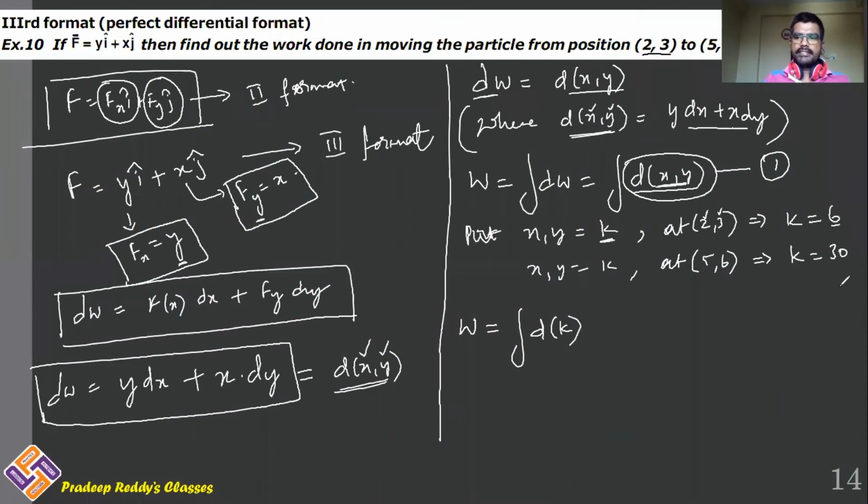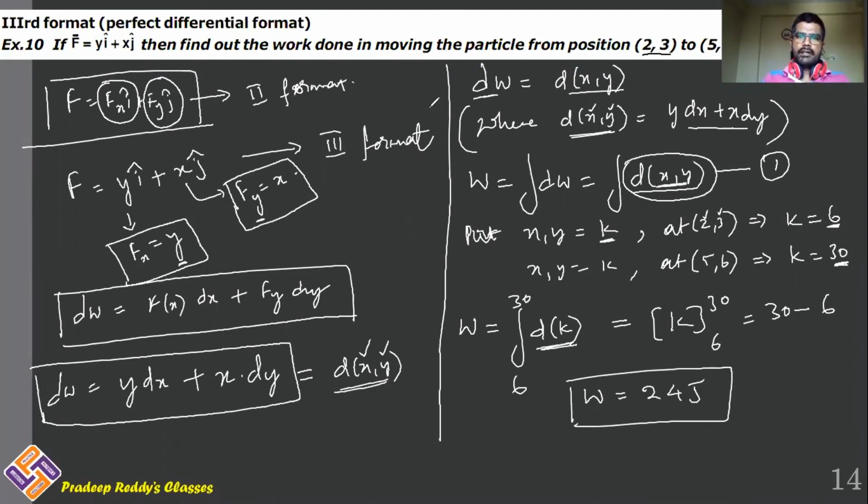Lower limit is 6, upper limit is 30. What is integration dk? Integration dk is equal to k, with limits from 6 to 30. This gives you upper limit 30 minus lower limit 6. Therefore, net work done is equal to 30 minus 6, which is equal to 24 joule.